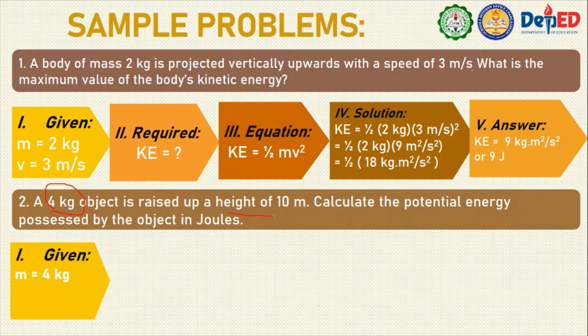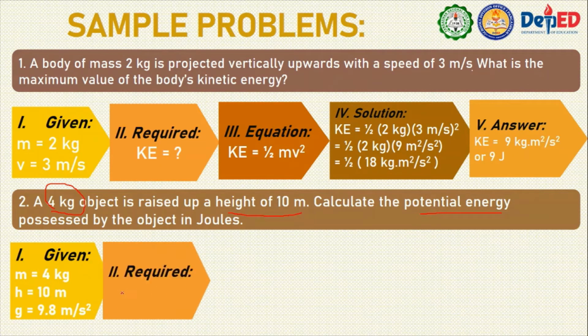Another, we have the height of 10 meters. So you write height is equal to 10 meters. And also, if we are computing for the potential energy, do not forget the acceleration due to gravity on Earth, which is equal to 9.8 meter per second squared, and this is constant.